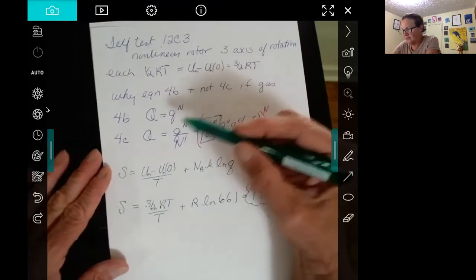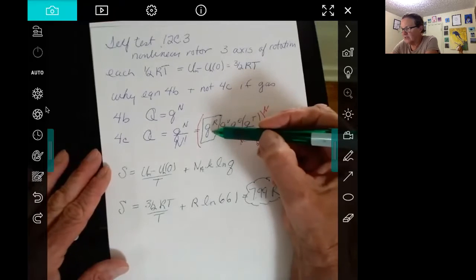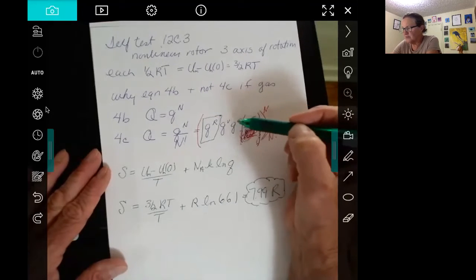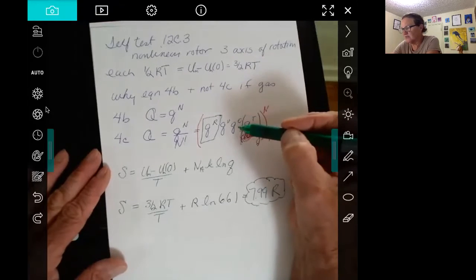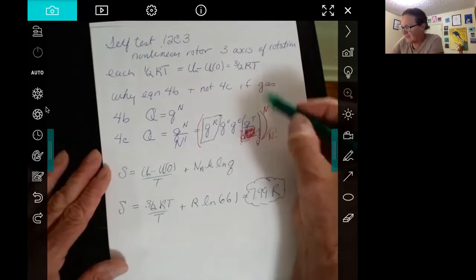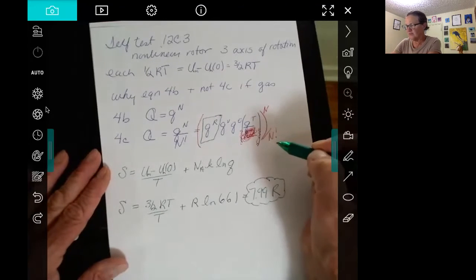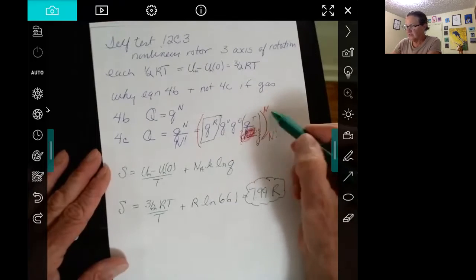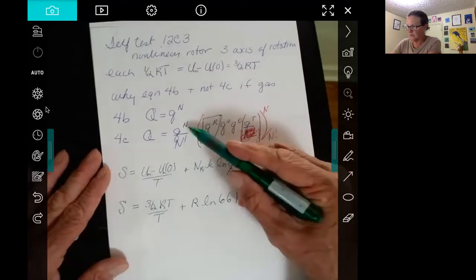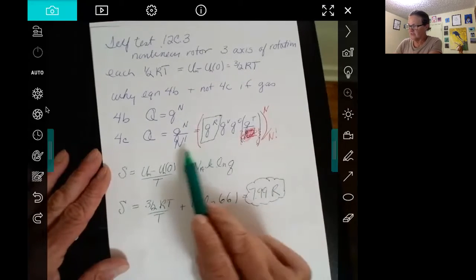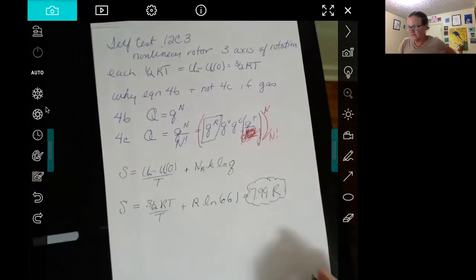And so the Q for the system would be q rotational, q vibrational, so these are molecular partition functions, q electronic, and then the translational partition function is usually the one that's divided by N. So q to the N for each mode raised to the N, product of each, and then the whole thing's divided by N factorial.